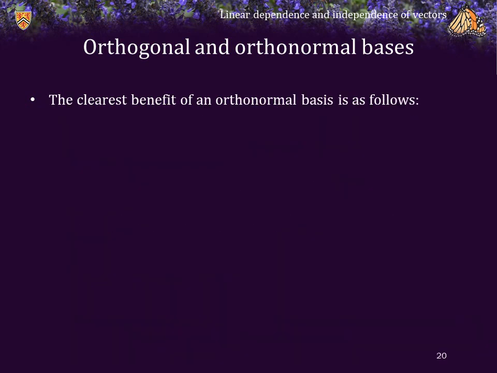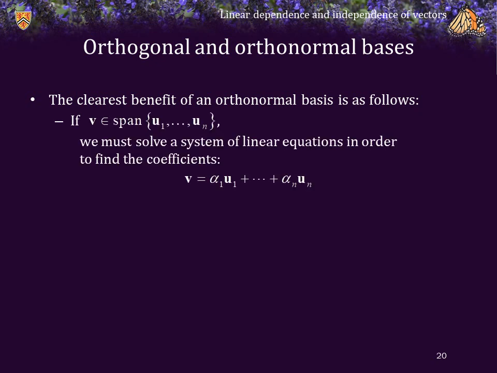Now, the clearest benefit of having an orthonormal basis instead of simply an arbitrary basis is as follows. If v is in the span of a basis, we must solve a system of linear equations in order to find the coefficients.